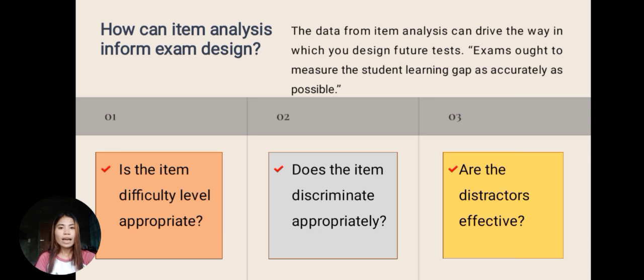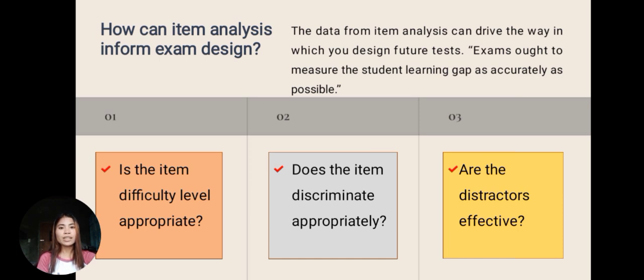So, how can item analysis inform exam design? The data from item analysis can drive the way in which you design future tests. Exams ought to measure the student learning gap as accurately as possible. Note that in making a standardized test in our questionnaires as a future teacher, we need to examine each item through its difficulty, discrimination, and distractors.